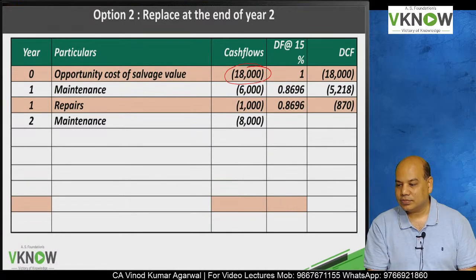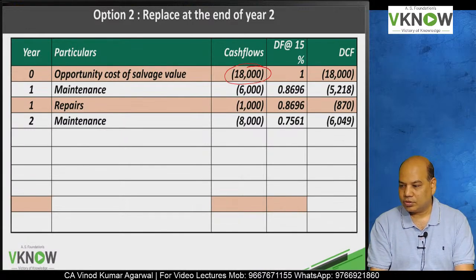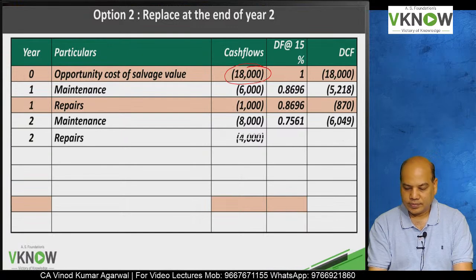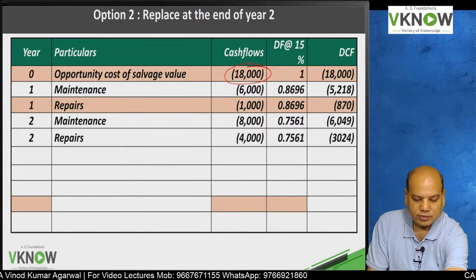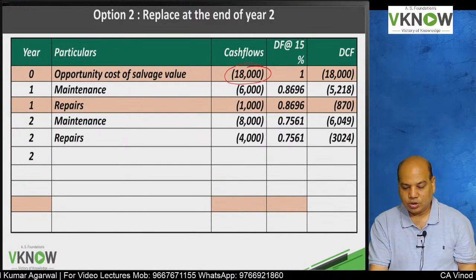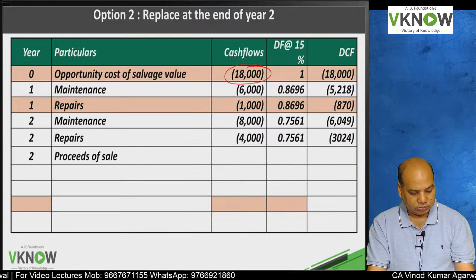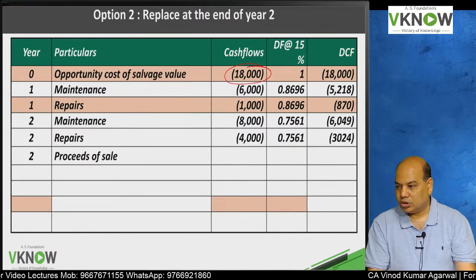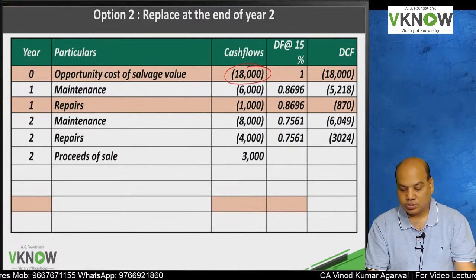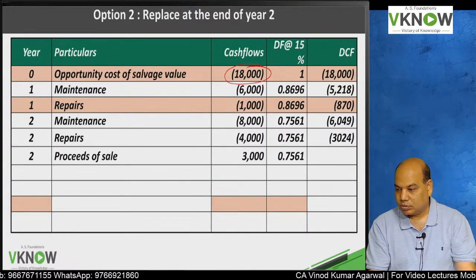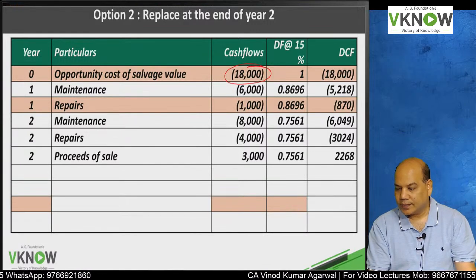Now write down maintenance 8,000, present value 6049. Repairs 4,000, present value 3024. Now you take scrap value 3,000, multiplied by 0.7561, is 2268.